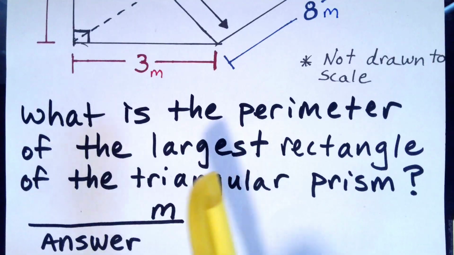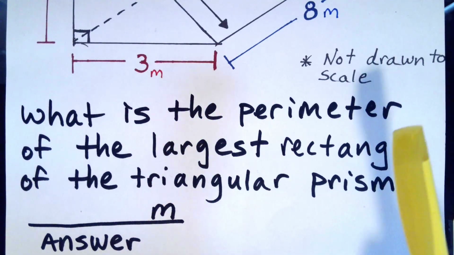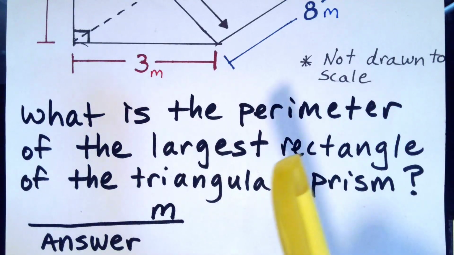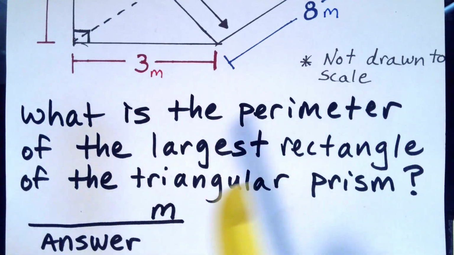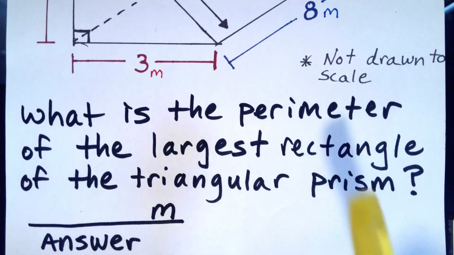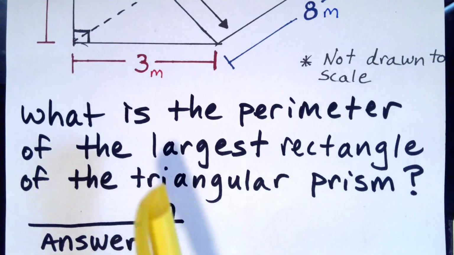What is the perimeter of the largest rectangular shape of the triangular prism? We're going to enter our answer below.